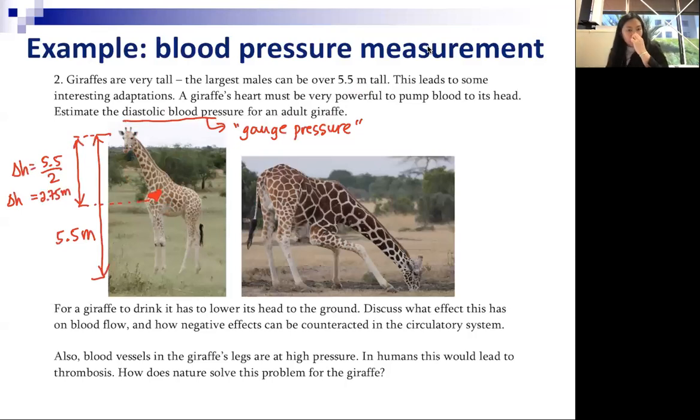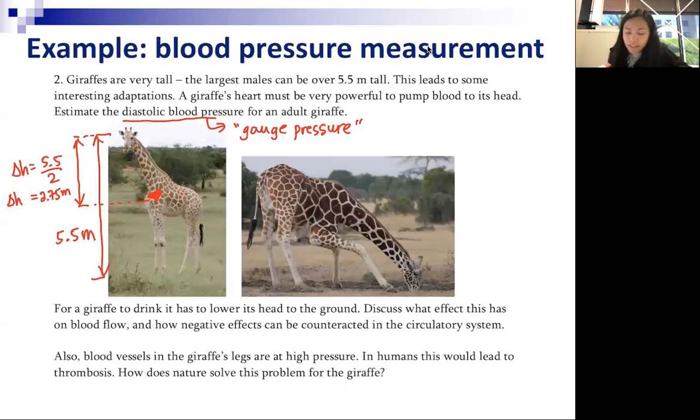So we can approximate the difference in height to be 2.75 meters, half the height. So that is the difference in height over which the giraffe needs to pump blood from the heart to the head. Okay, and we want to find the pressure for that pumping mechanism.